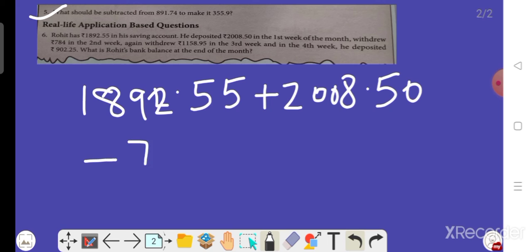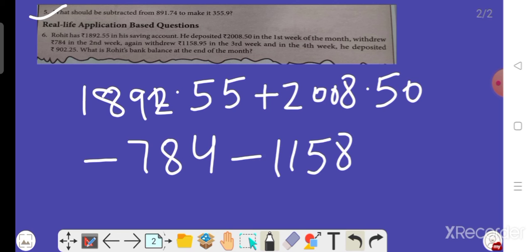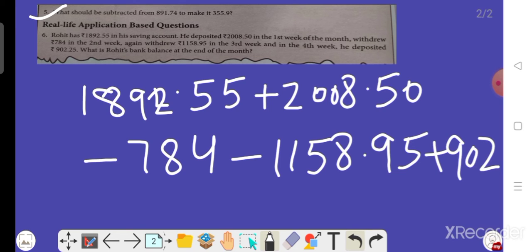Withdrew means we have to subtract the amount. Okay, in the second week, again he withdrew 1158.95 rupees from the account in the third week. And in the fourth week he deposits, which means we have to add the amount, 902.25 rupees. What is Rohit's account balance at the end of the month?